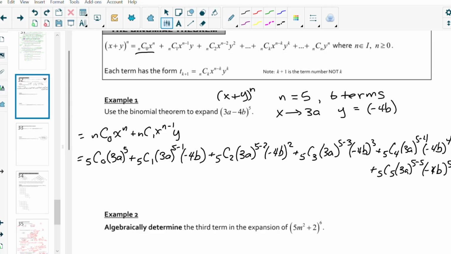Okay, you can use your calculator to simplify all these combination values, so let's simplify that.